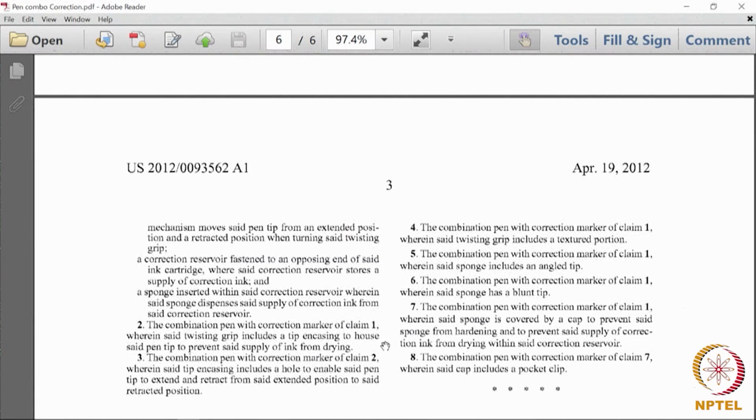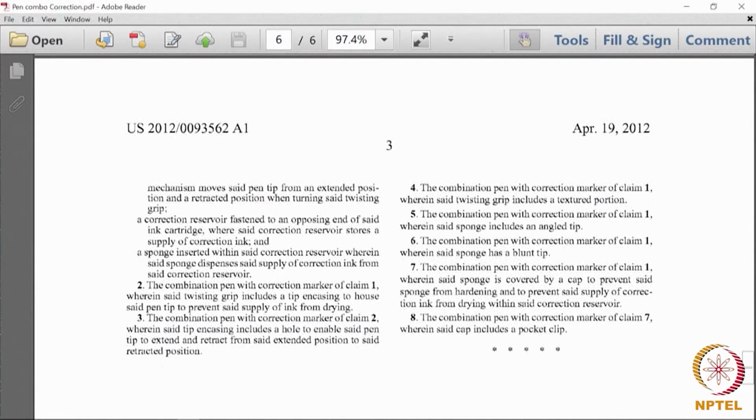Now, claim 5, a combination pen with correction marker of claim 1, wherein the said sponge includes an angled tip, again a small modification to the existing invention in claim 1. Claim 6, the combination pen with correction marker of claim 1, wherein the said sponge has a blunt tip. The earlier one, the fifth, was angled tip, now blunt tip, very small variations too.